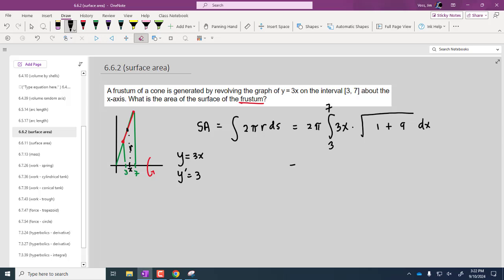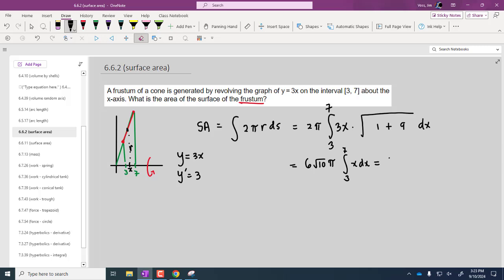All the constants out to the front, so we're going to have 6, square root of 10, pi. All that's out in front. The only thing that's left is x dx. That's all I see.